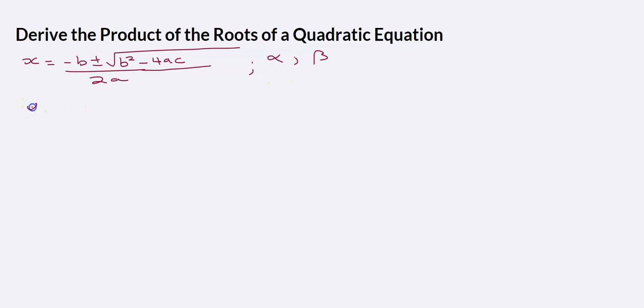So alpha is going to be negative b plus the square root of b squared minus 4ac over 2a.